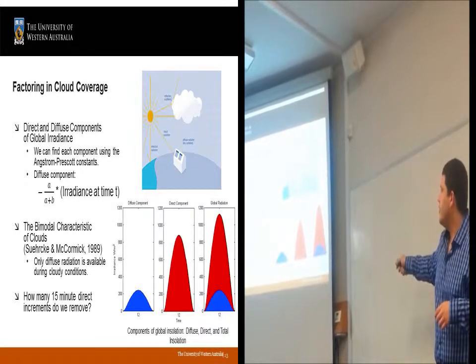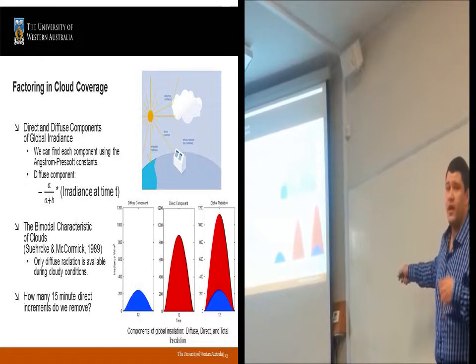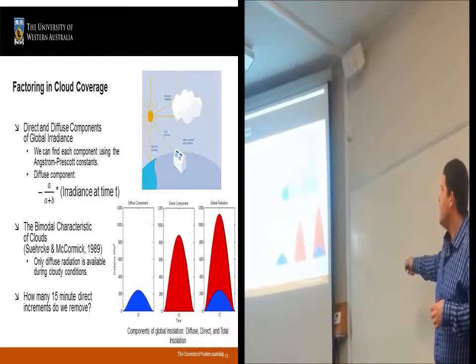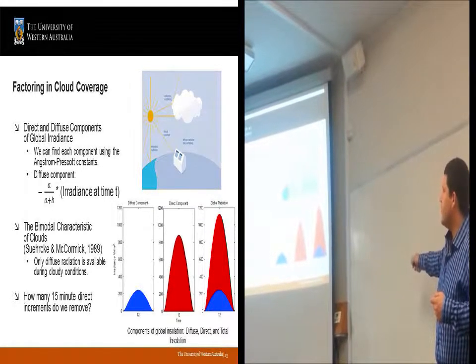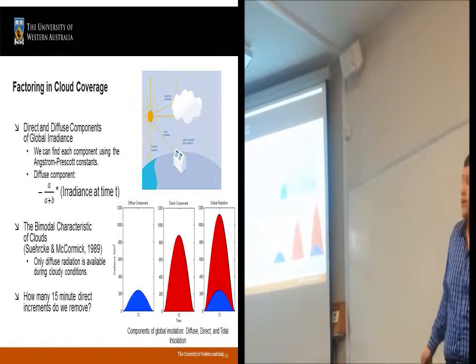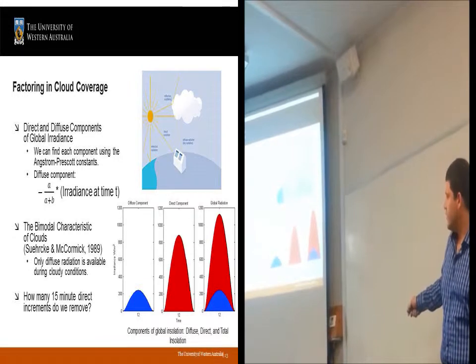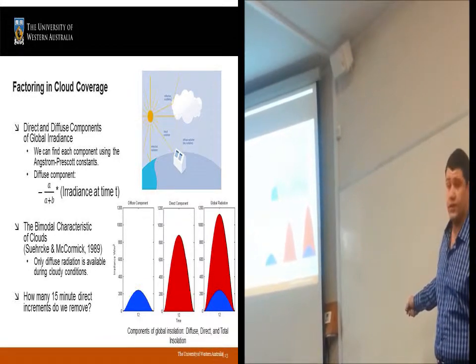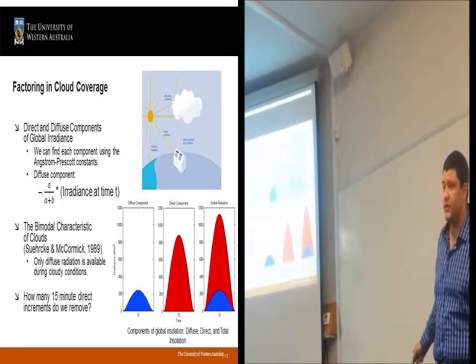The direct component is the total power available from the sun directly to the solar panel, and the diffuse component of the irradiance is the radiation from the scattering of the radiation from the sun within the Earth's atmosphere. And so we can break those two components up. So we've got the diffuse and we've got the direct. And when we add them up, we get that total insolation curve that we saw before.